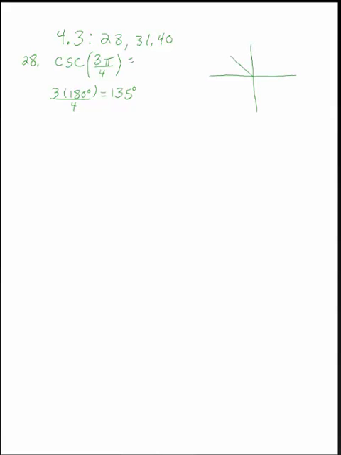So 135 degrees will make my triangle in quadrant 2. Now, if theta is 135 degrees, I need to find the reference angle, which is the angle that sits on the inside of the triangle. That's actually going to be 45 degrees.